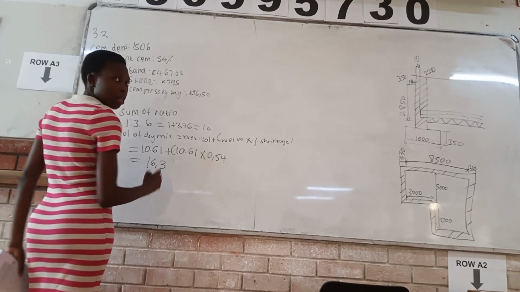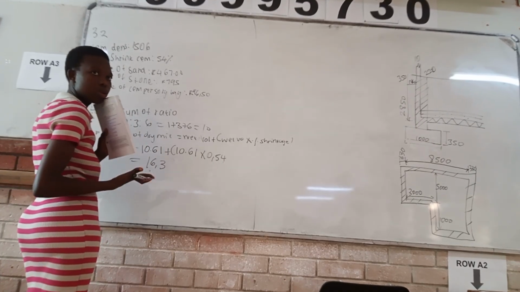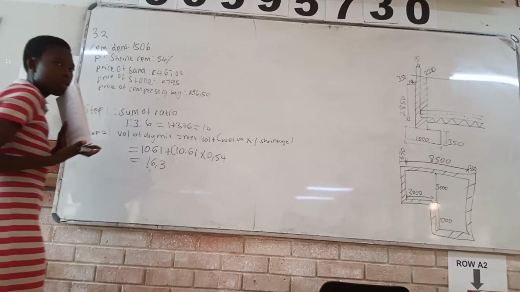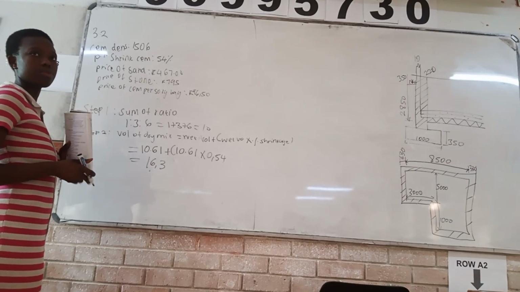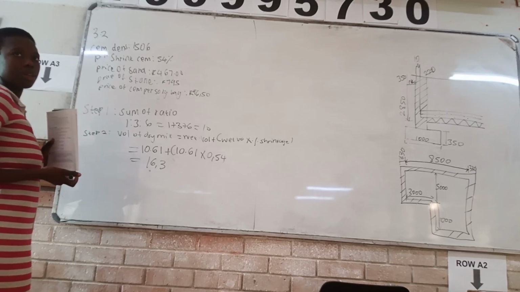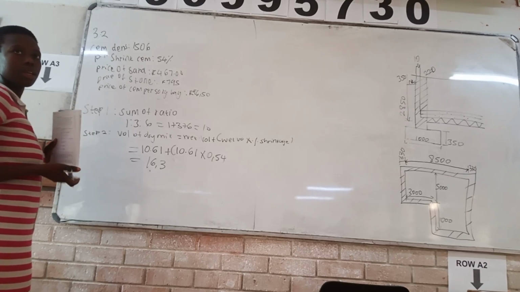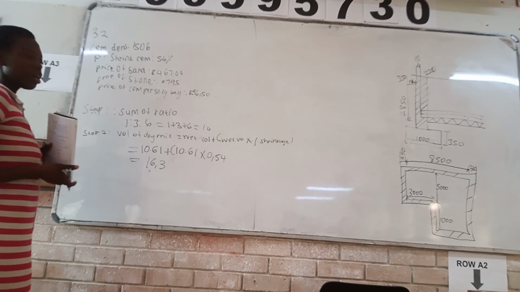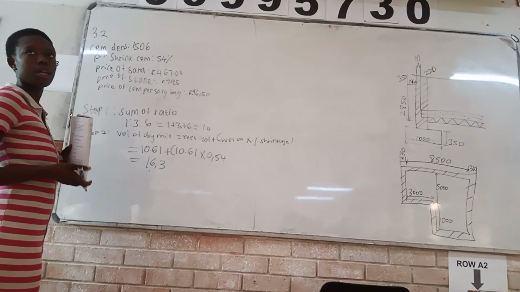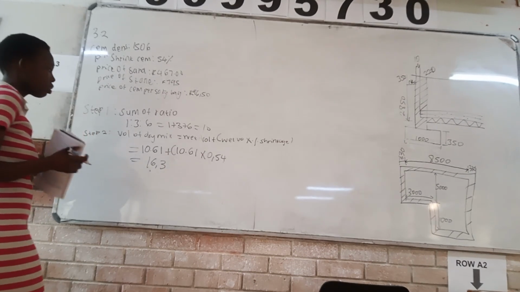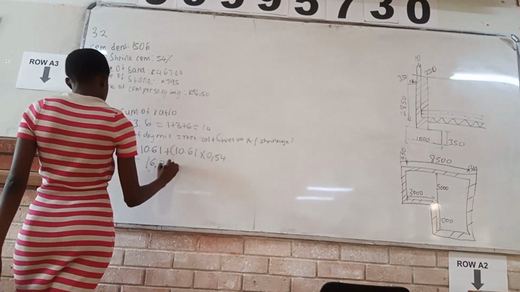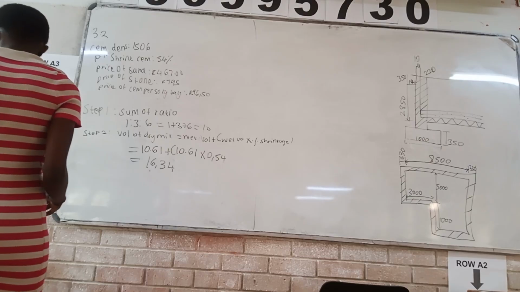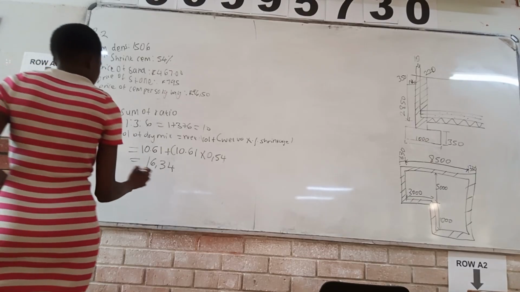To how many decimal places? 2, always. We get 16,34.